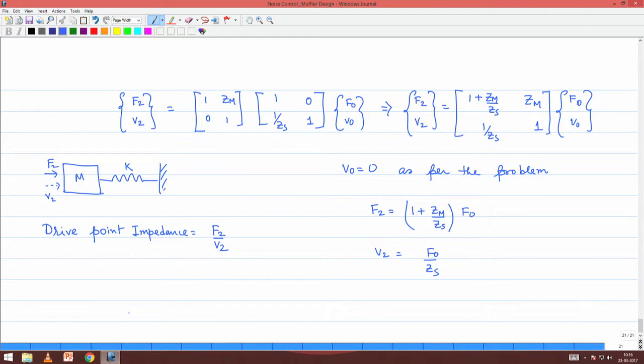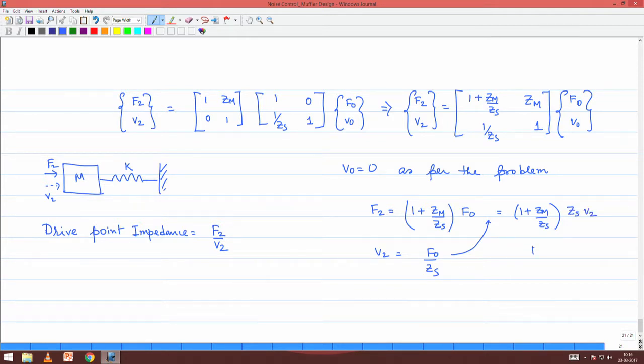There is no need to consider the effect of V0 because V0 is 0. So, from here if we make the substitution, we will get 1 plus Zm by Zs. Instead of F0 we might as well write Zs into V2.